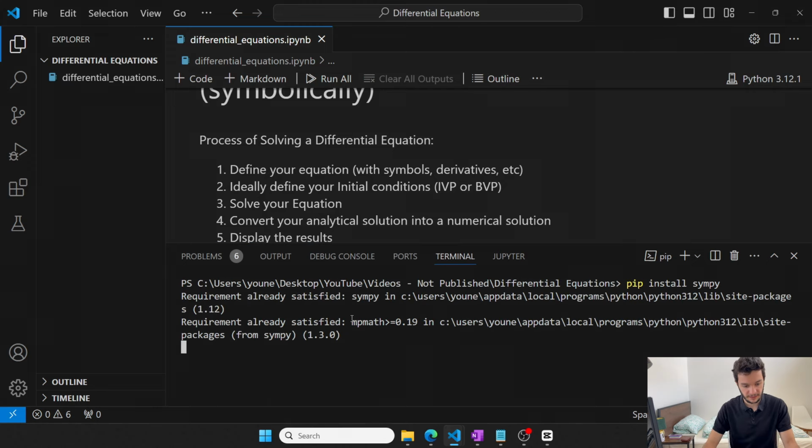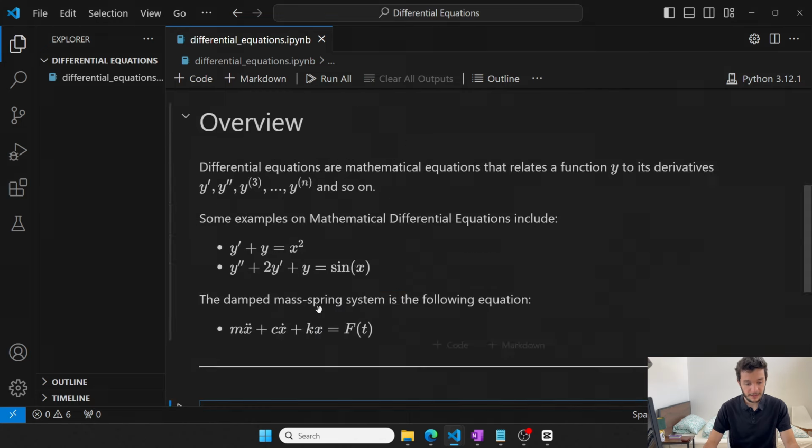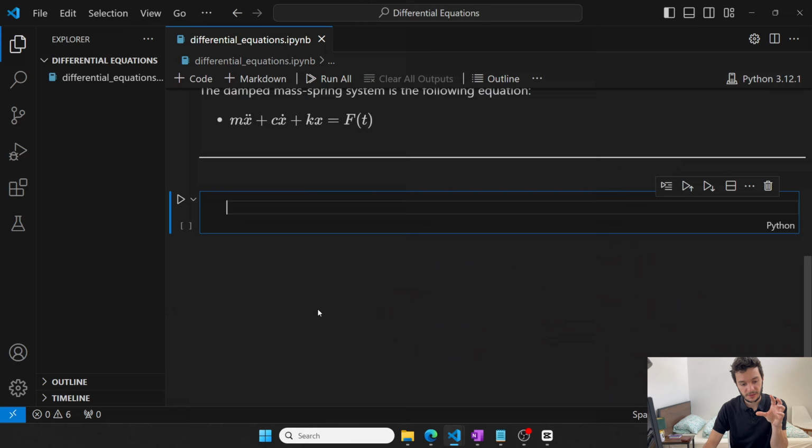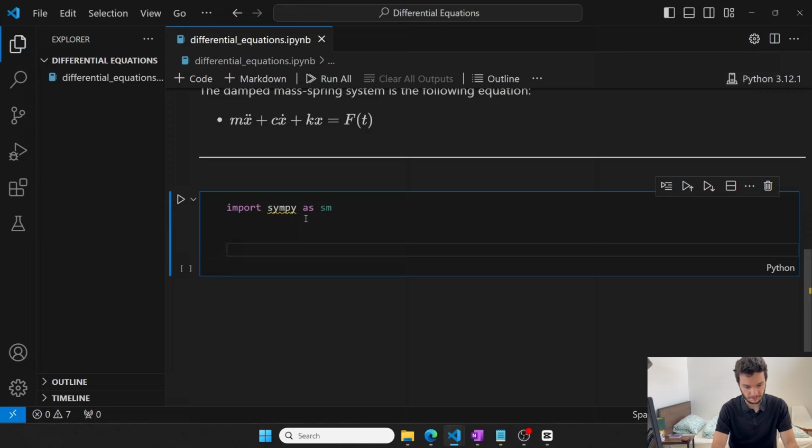I already have it installed, so it says requirement already satisfied. SymPy is a library used for symbolic computation in Python. If I go ahead and do import sympy as sm, it allows us to create variables, functions, and equations, and to solve these equations.